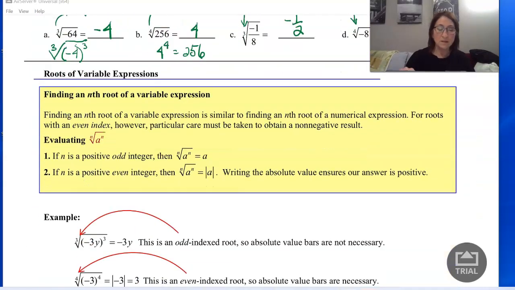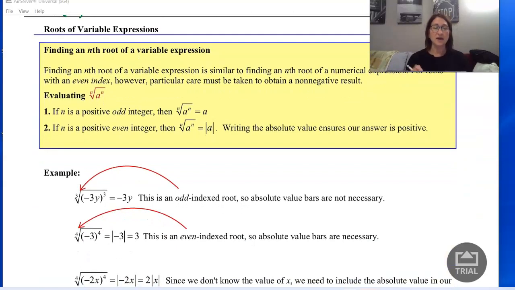Okay, let's go on and look at roots of variables. This is a little bit more interesting instead of just looking at roots of numbers, just because a variable represents an unknown.